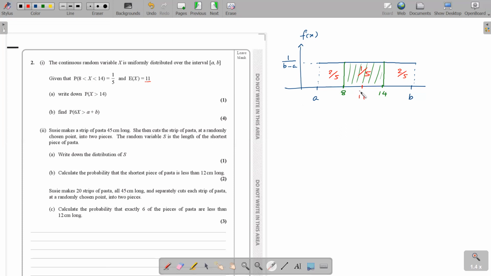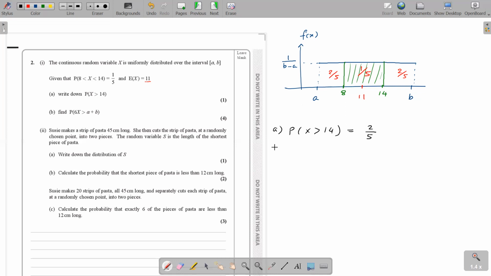Thereby the 4 over 5 area is equally distributed after 14 and before 8. So the answer for part A, x greater than 14, you don't need to draw anything. Just write 2 over 5 and that's all. This working is not necessary. This is what we think inside our head. This is the thinking process.